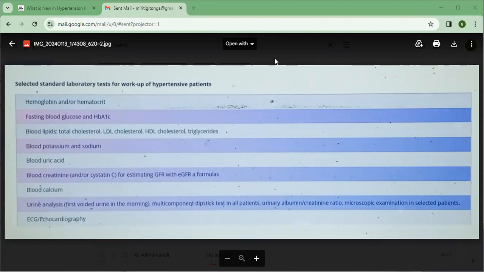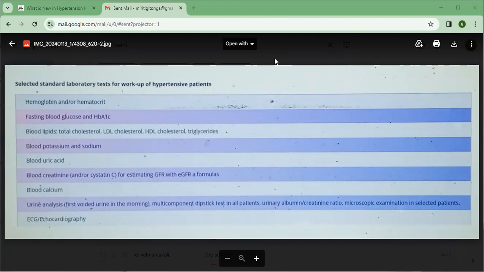Then we have low density cholesterol, which is supposed to be low, less than 2.6. That is also about the cholesterol in the body. So in this case, we have to be very careful about this, and you should be able to understand them and how to interpret those results.